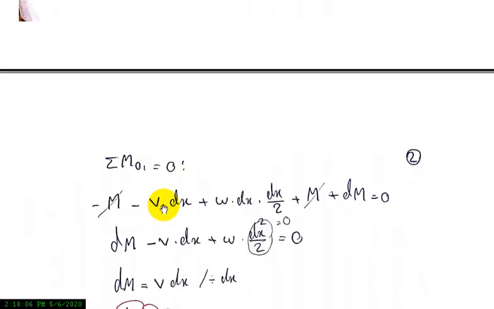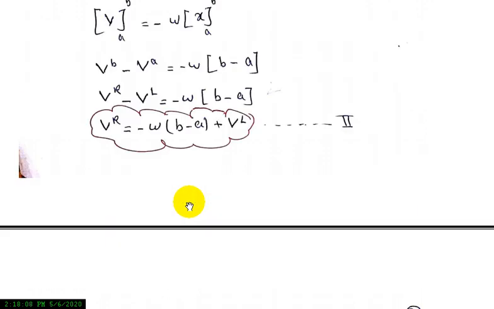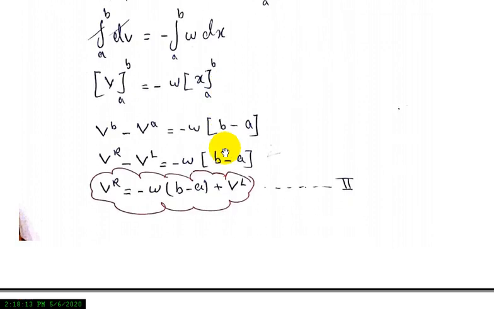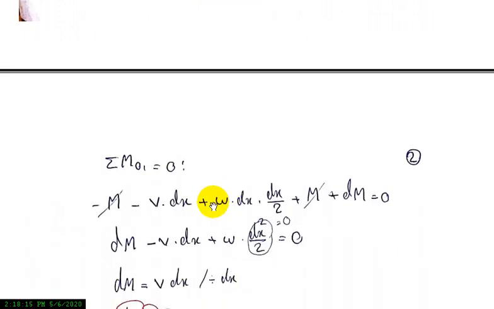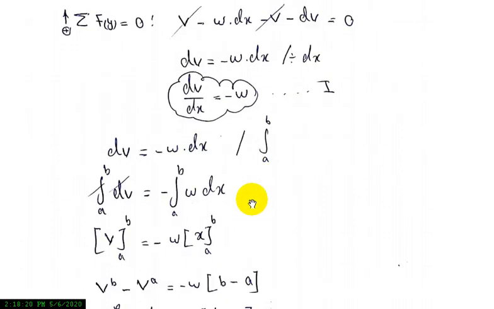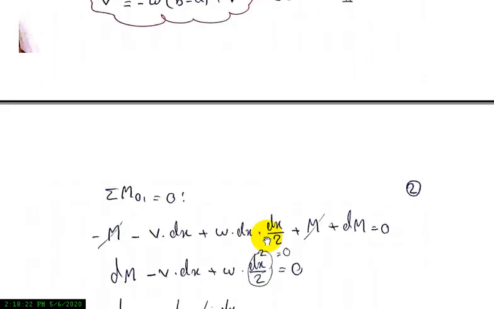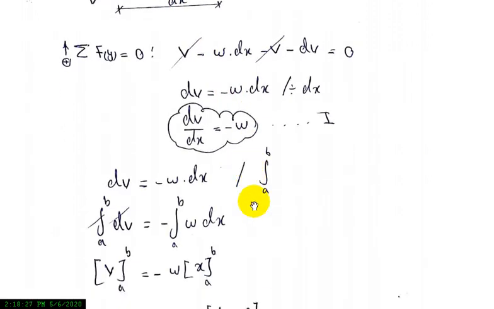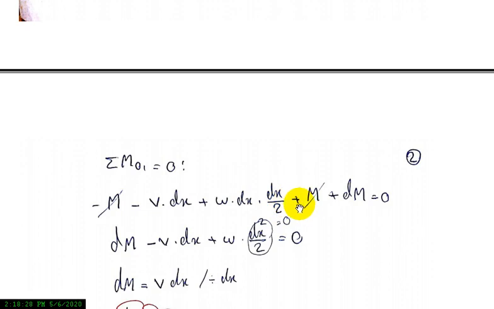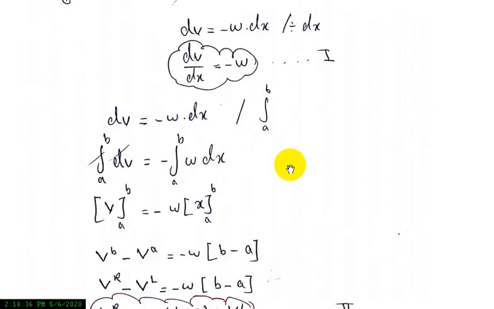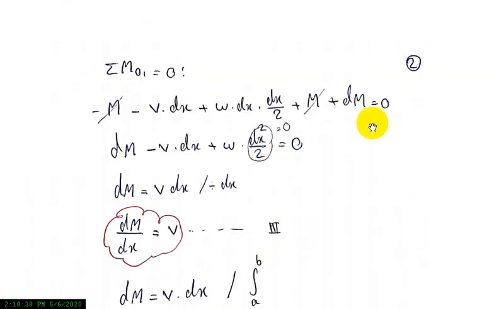So we can write the summation of moment at the point O1 equal to 0: minus M, minus V multiplied by its arm dx, plus w, this distributed load, multiplied by its length dx and multiplied by its arm dx/2, or half of dx, plus M plus dM. M and dM act counterclockwise, so it is positive, equal to 0.